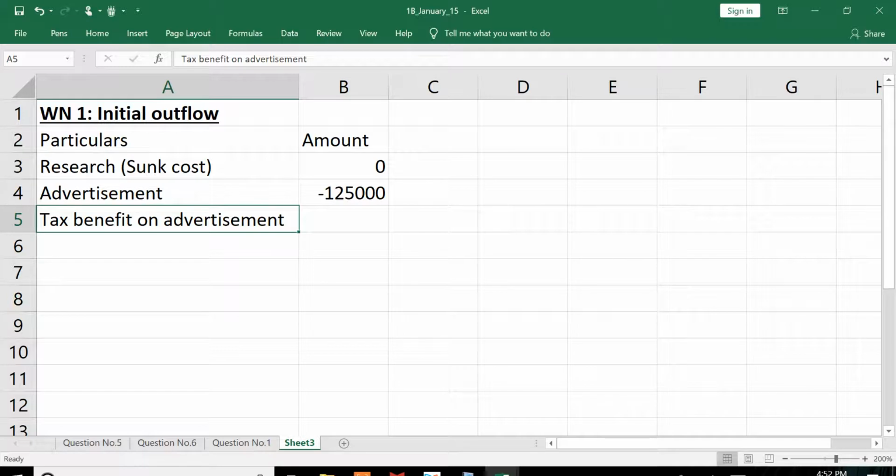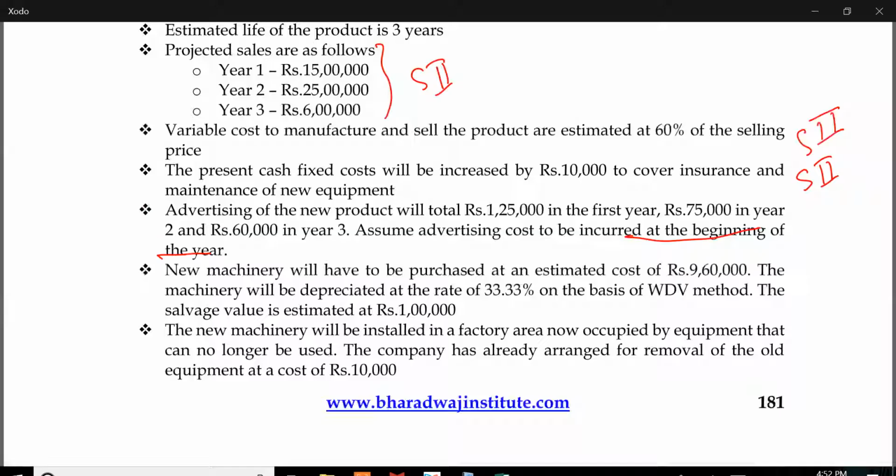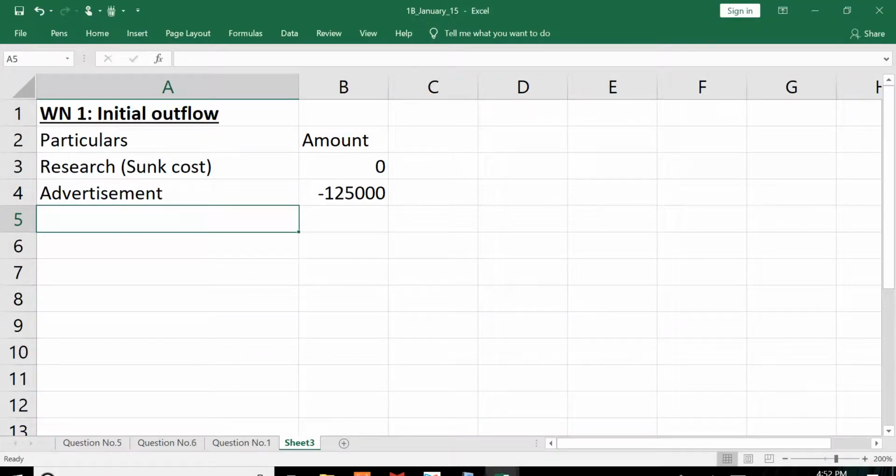I can take it here or I take it in year 1. We will take this in year 1. As of now, I am just writing advertisement. The tax benefit of the advertisement will come uniformly across the year rather than coming at one stage itself. That's our assumption. Advertisement 1,25,000.